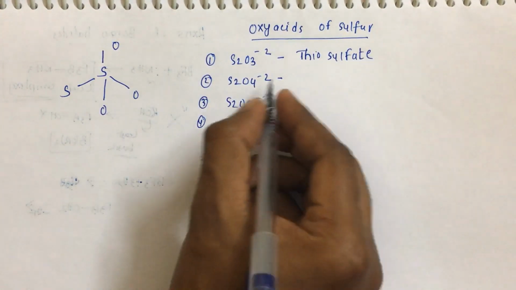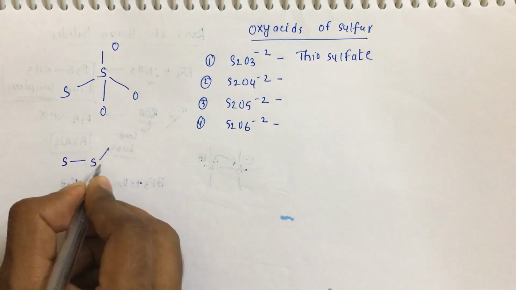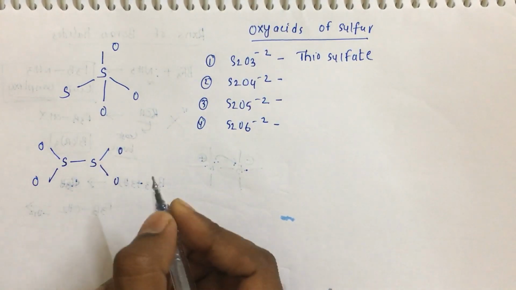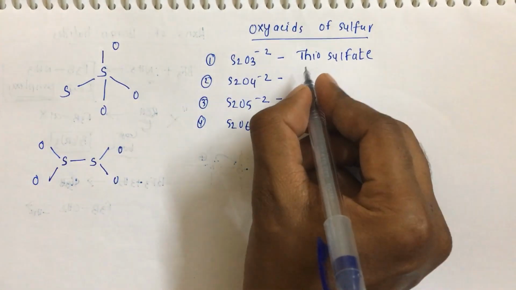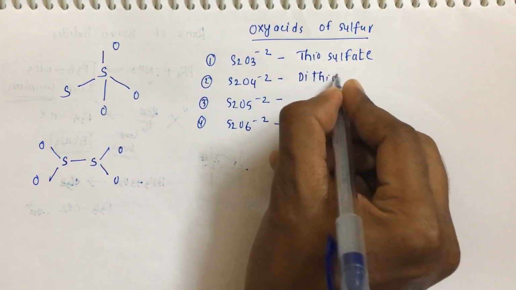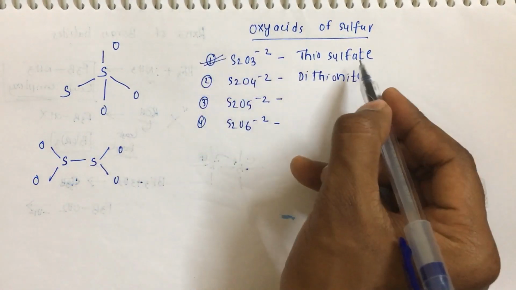And here the S2O4 structure looks like this. This is S2O4, and this we call a dithionite. And why do we call this one a thiosulfate?